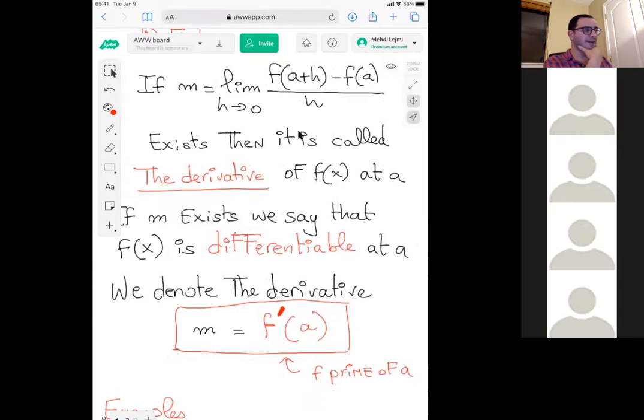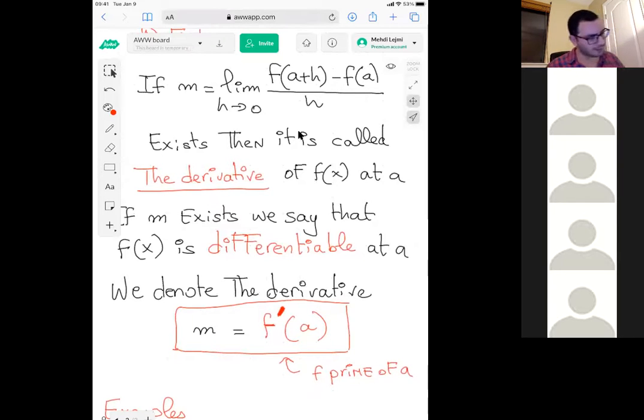We said if you don't have a hole or a jump or a break in the graph of the function f, then f would be continuous. But of course, if there is a hole or jump, then f is not continuous. But anyway, we're going to discuss a little bit when the function is differentiable or not.